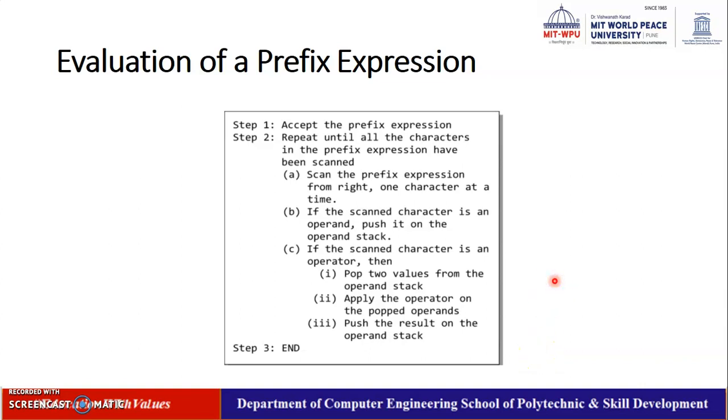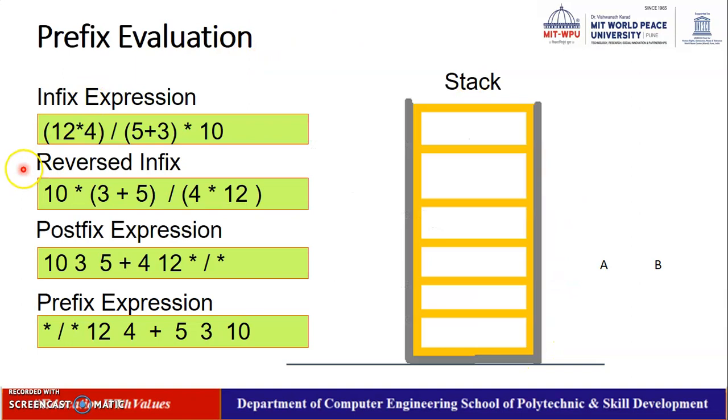To evaluate the prefix expression, suppose this is your infix expression. In the previous video we saw this infix expression, this is the reversed infix expression, this is the postfix expression we got after conversion, and from it we got the prefix expression.